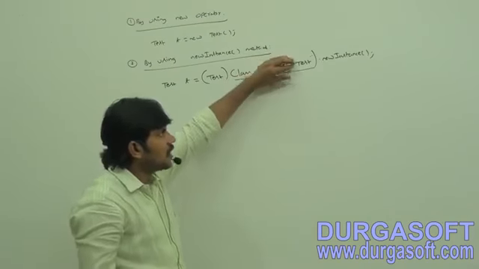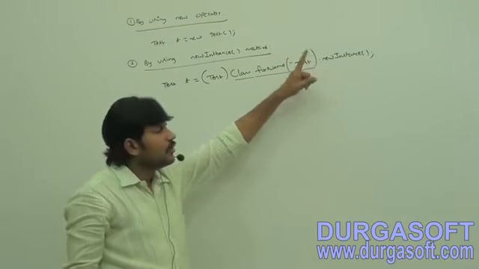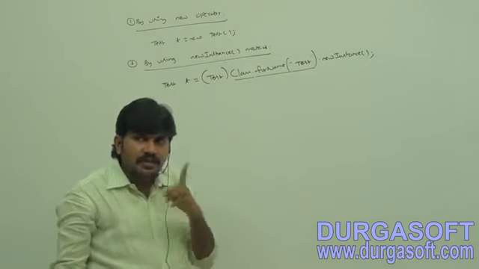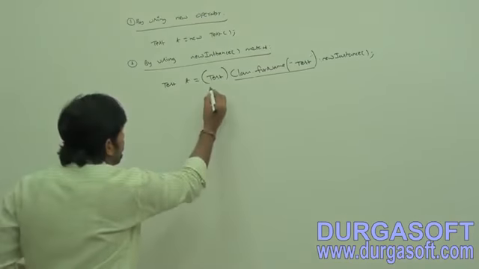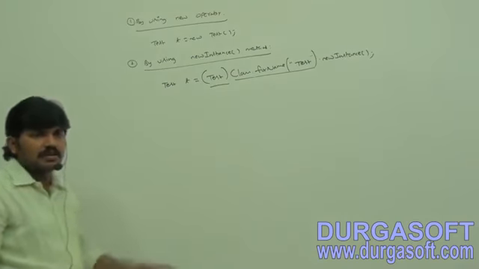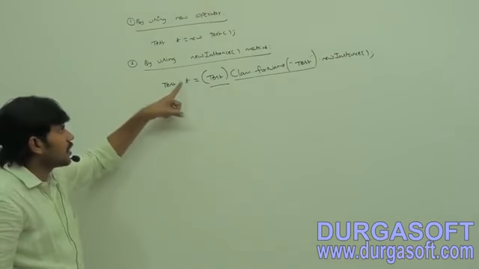The newInstance return type is Object, that's why I am performing typecasting. Are you getting that? This is how you can create an object by using the newInstance method.